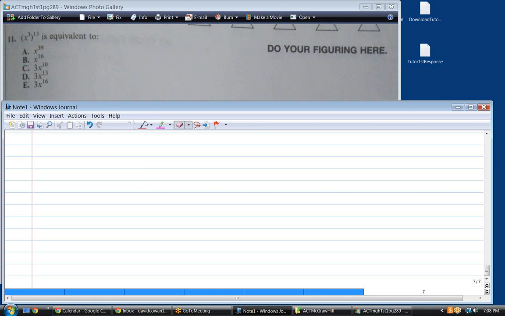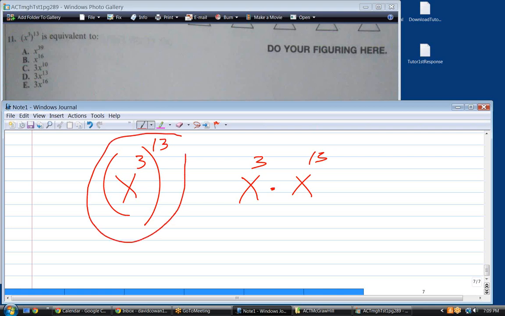Okay, so what is x to the third raised to the 13th power? No, that would be x to the third times x to the 13th. I would add the exponents. But this is exponentiation going on, not multiplication.